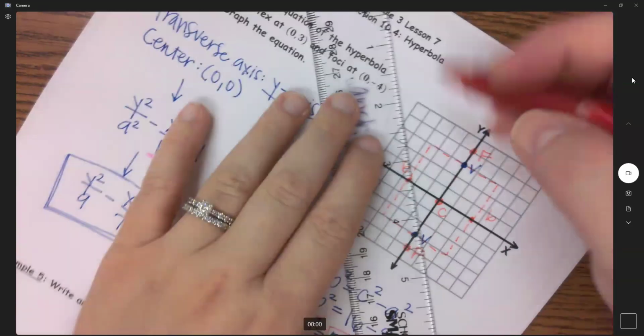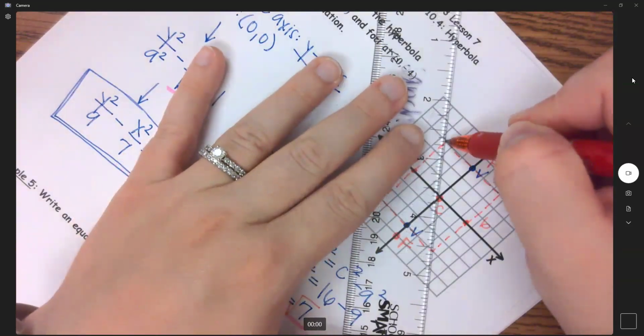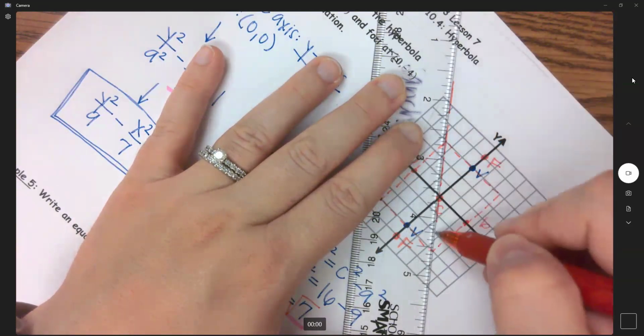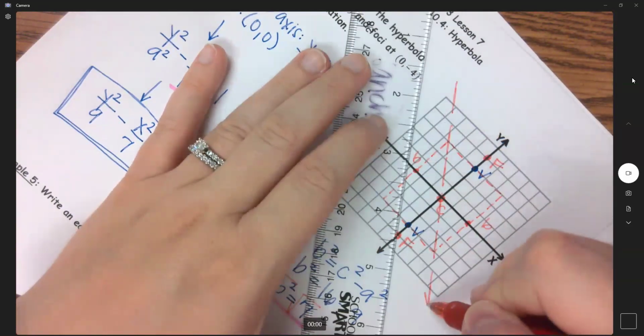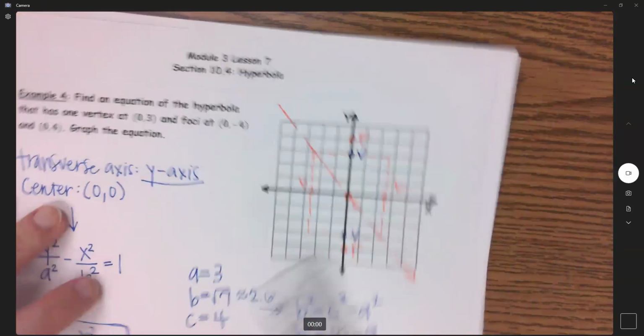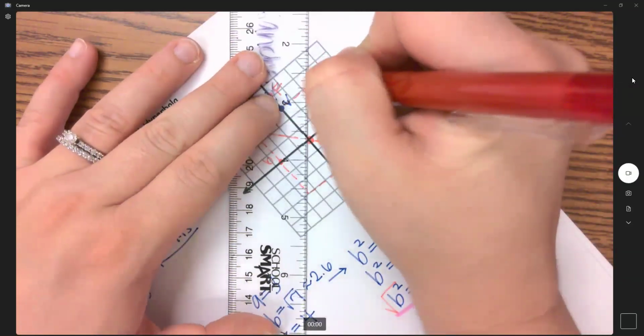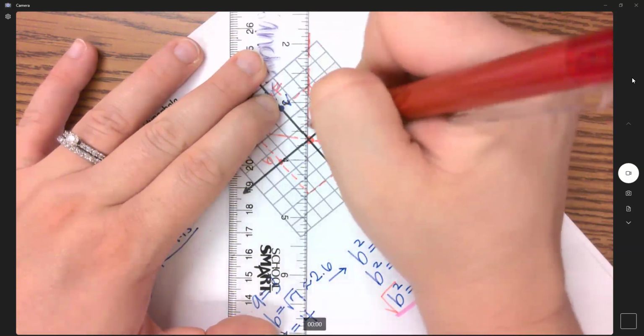And then we will go corner to corner through the center. Corner to corner through the center.